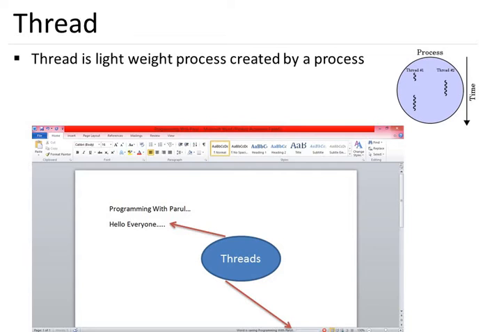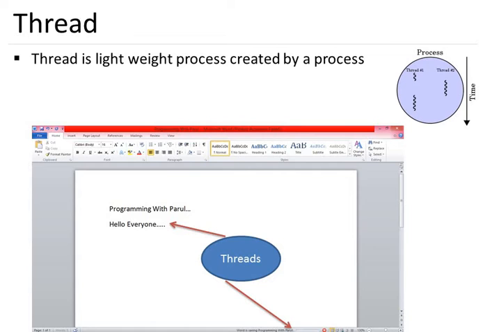But this process has created many threads. For example, one thread can be interacting with the user. Another thread is dealing with auto saving of your document file. It may be possible that there is a third thread performing tasks related to formatting of this particular text.